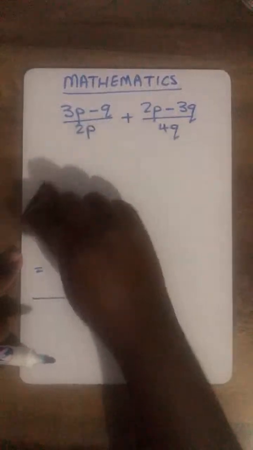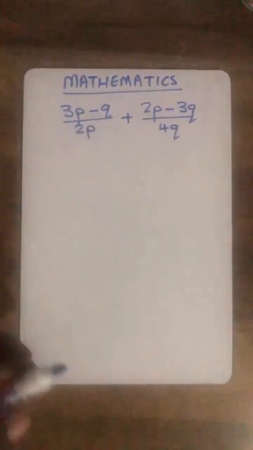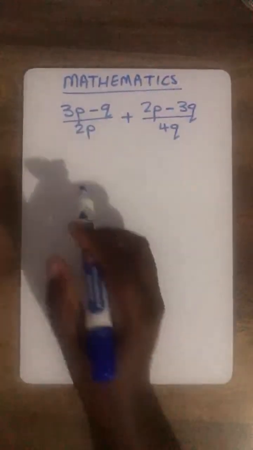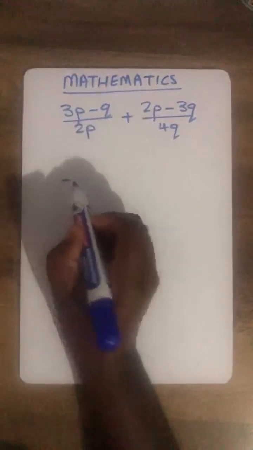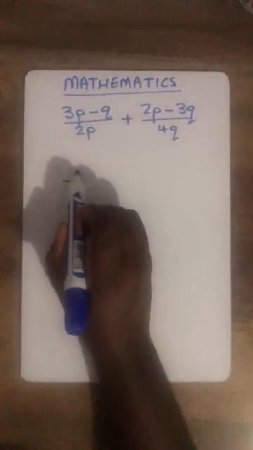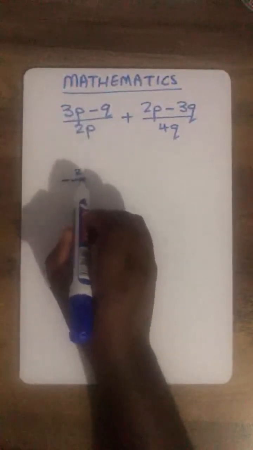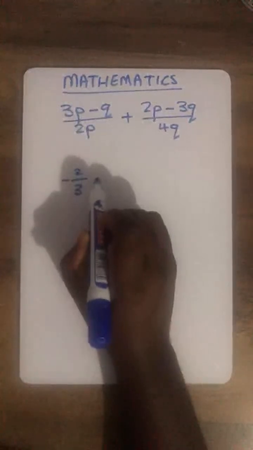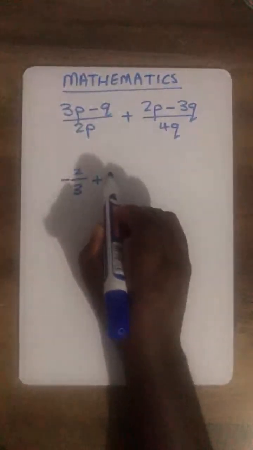So now I want to make it a little bit more interesting, honorable members, and say, what if you were given a negative 2 over 3, and then maybe let me put a plus there and say 1 over 2.